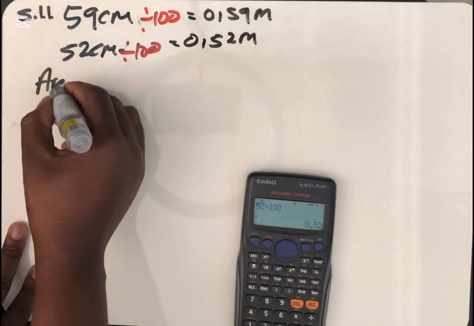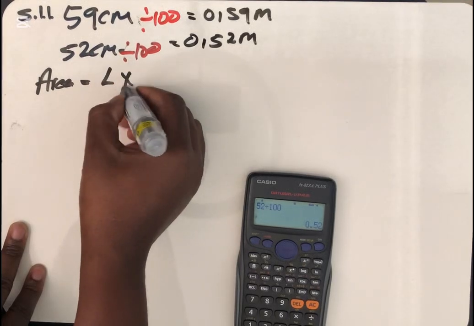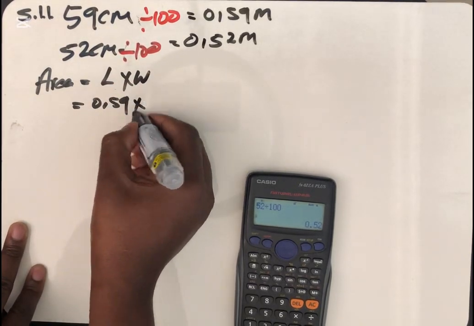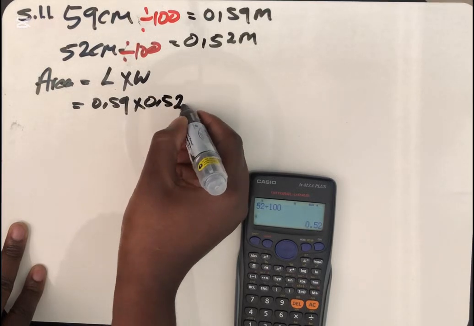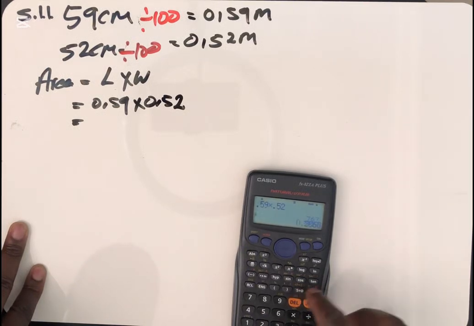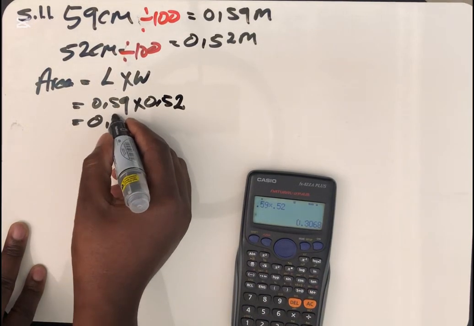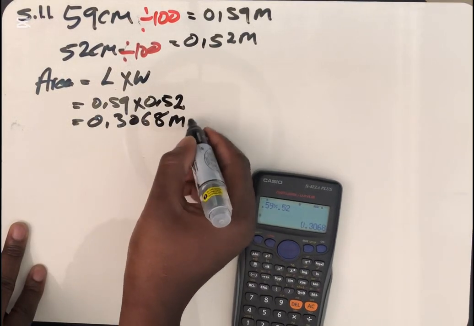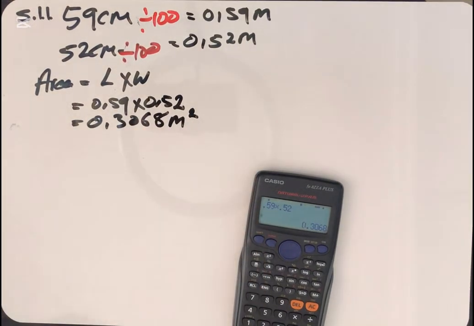And then area is going to be length multiplied by width, 0.59 multiplied by 0.52. It gives us 0.3068 meters squared. That is our answer.